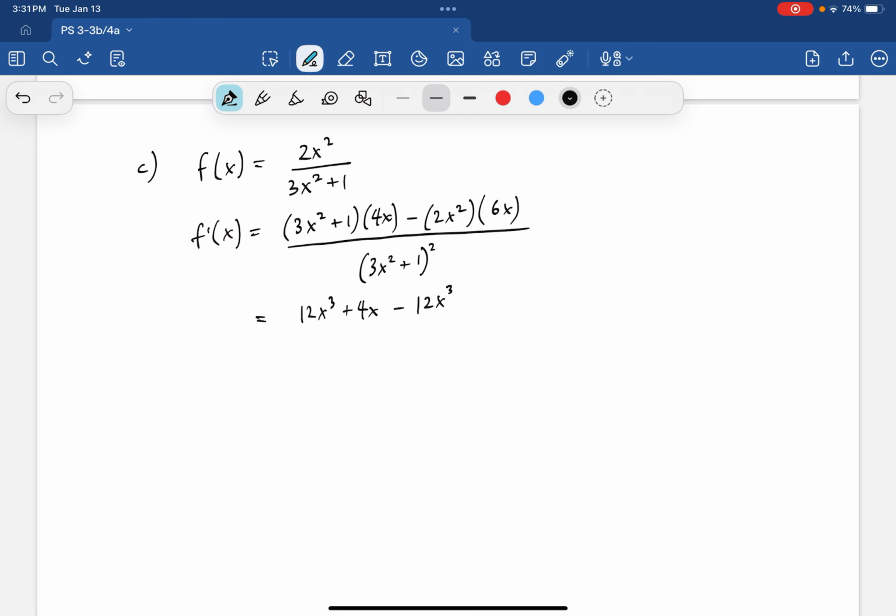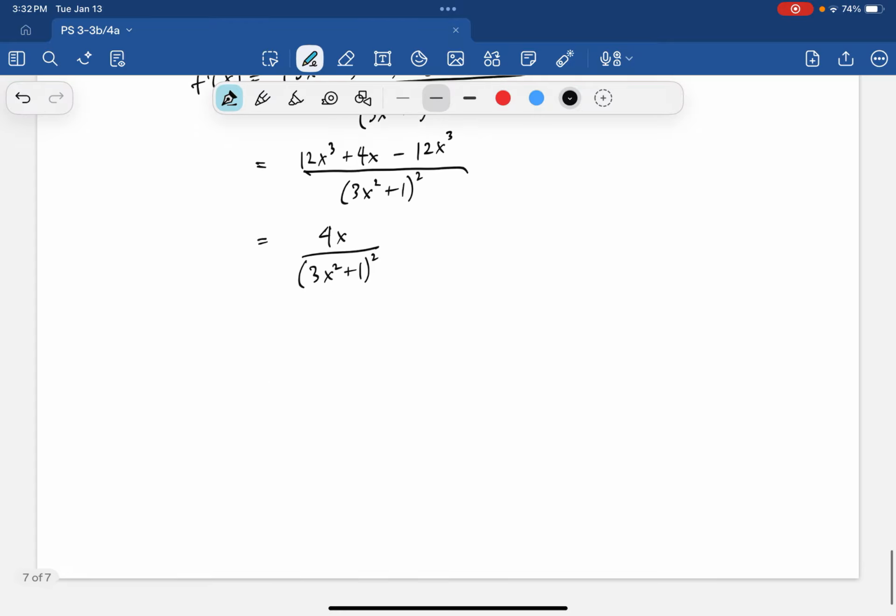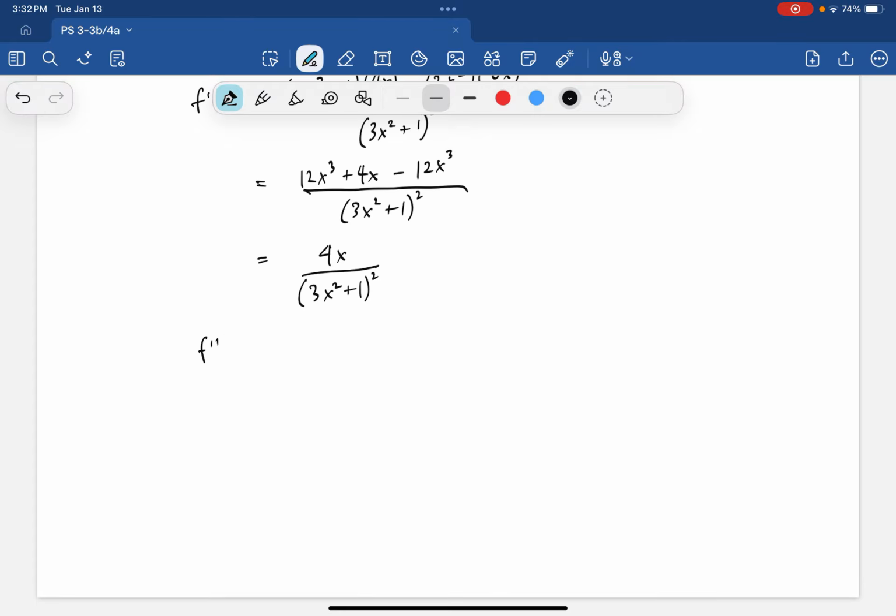Okay, let me check my work. So we get this 4x over 3x squared plus 1 squared. And take the second derivative.